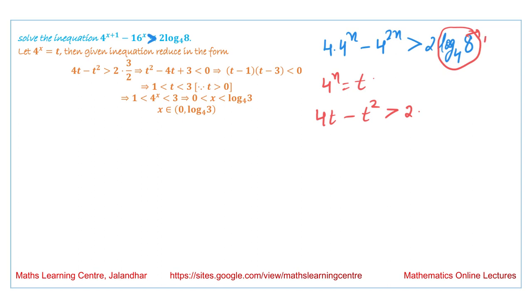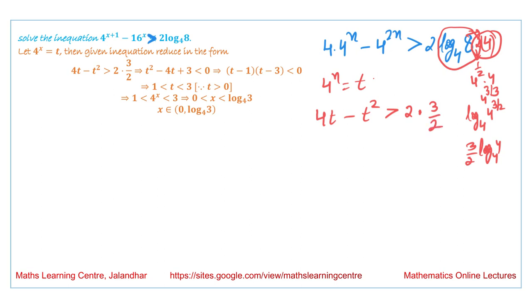We can write 8 as 2 into 4, and 2 we can write as 4 raised to the power 1 by 2, so it is 4 raised to the power 3 by 2. So the answer for log base 4 of 4 raised to the power 3 by 2 is 3 by 2 into log 4 to the base 4, which is 3 by 2.